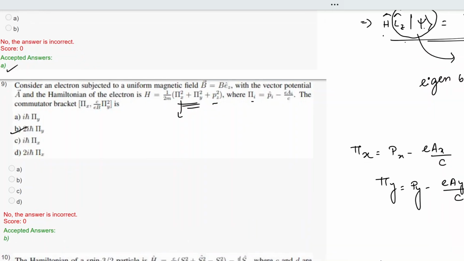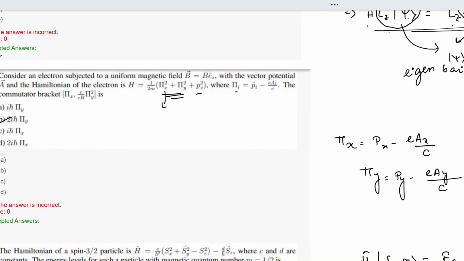Now there is C by ħ squared (Sx squared plus Sy squared minus Sz squared) minus D by ħ Sz. So the energy levels E s m will be the expectation value of this Hamiltonian operator with respect to the state s m.